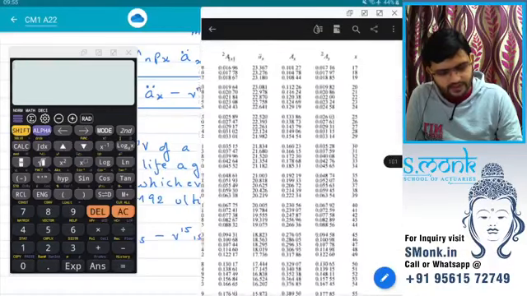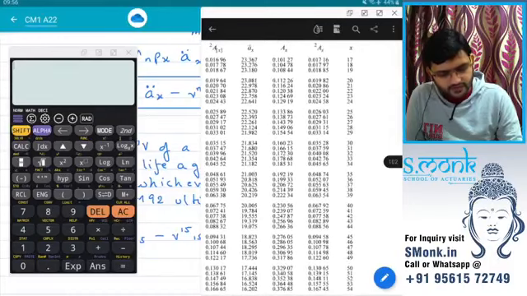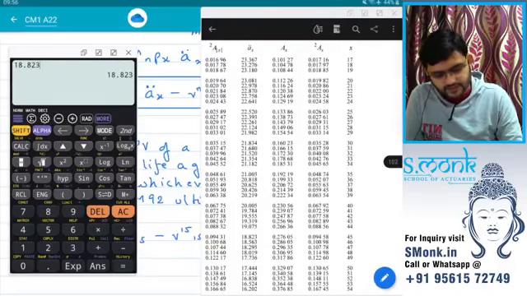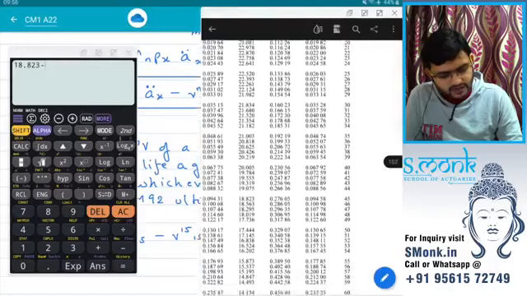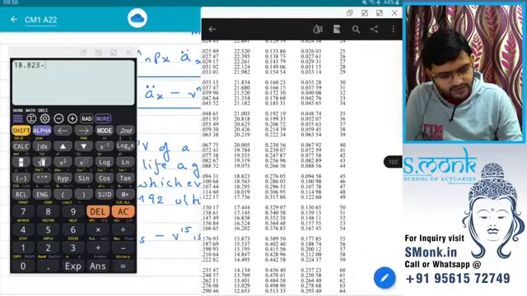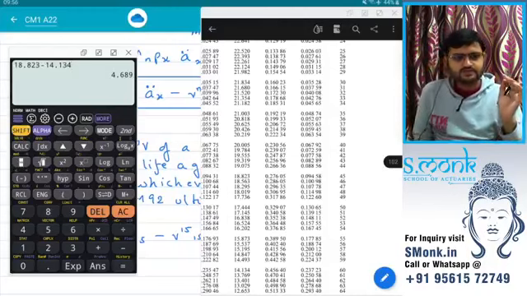We are looking for a due 45, which gives me 18.823, minus v raised to 15, 15p45. We'll calculate that. First I will take a due 60, which would be 14.134.